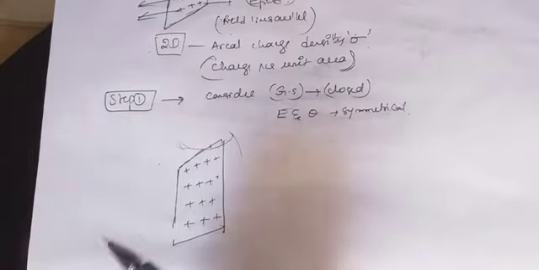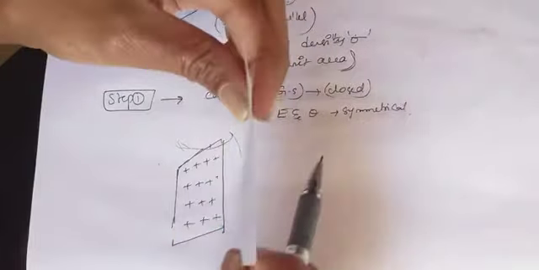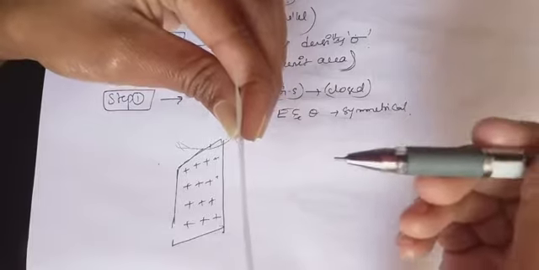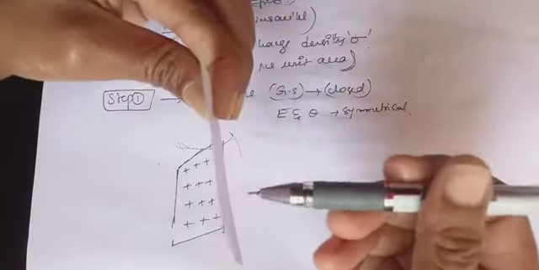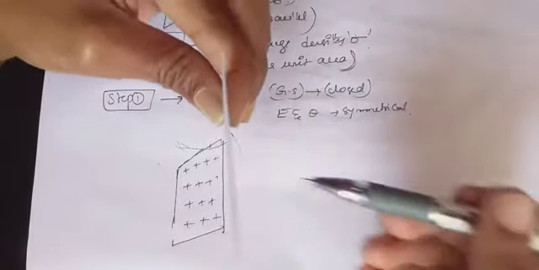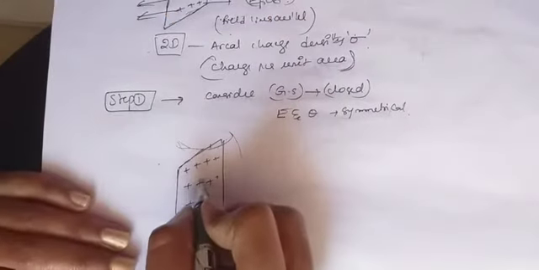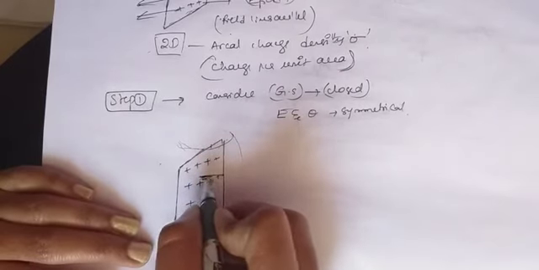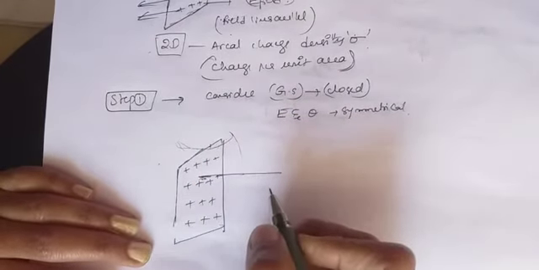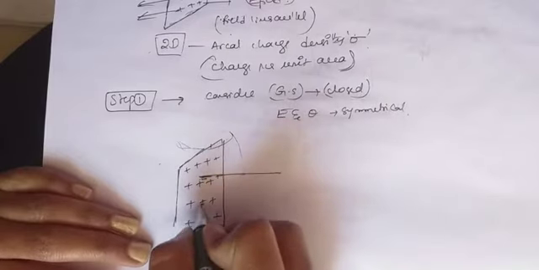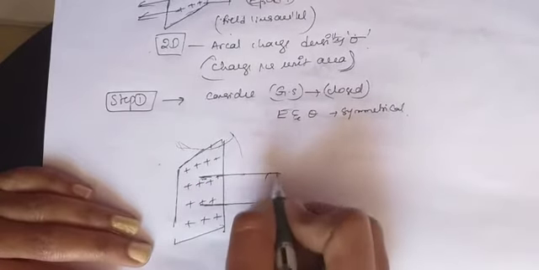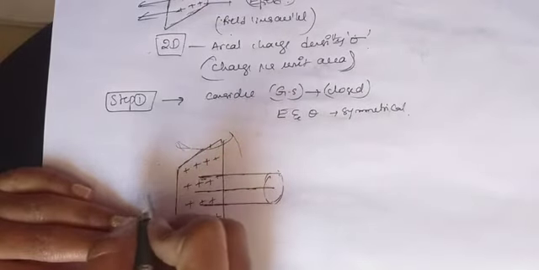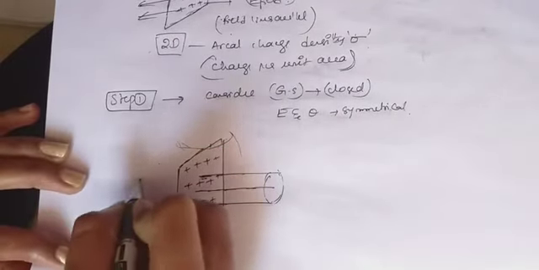Why? Because if this is the sheet and these are the field lines, we have to consider a Gaussian surface which is enclosing the charges. That's why I am considering the Gaussian surface as a cylinder, but the axis of the cylinder must be perpendicular to the sheet.